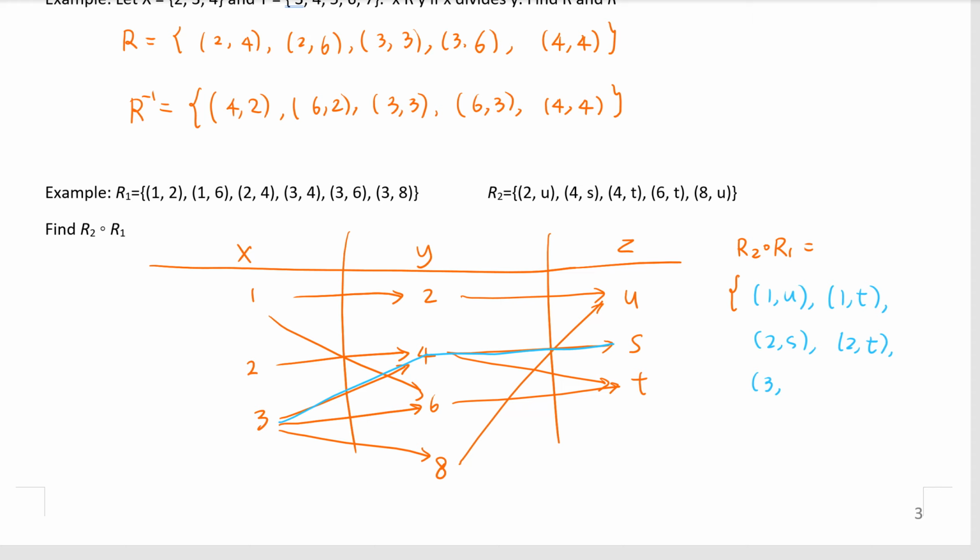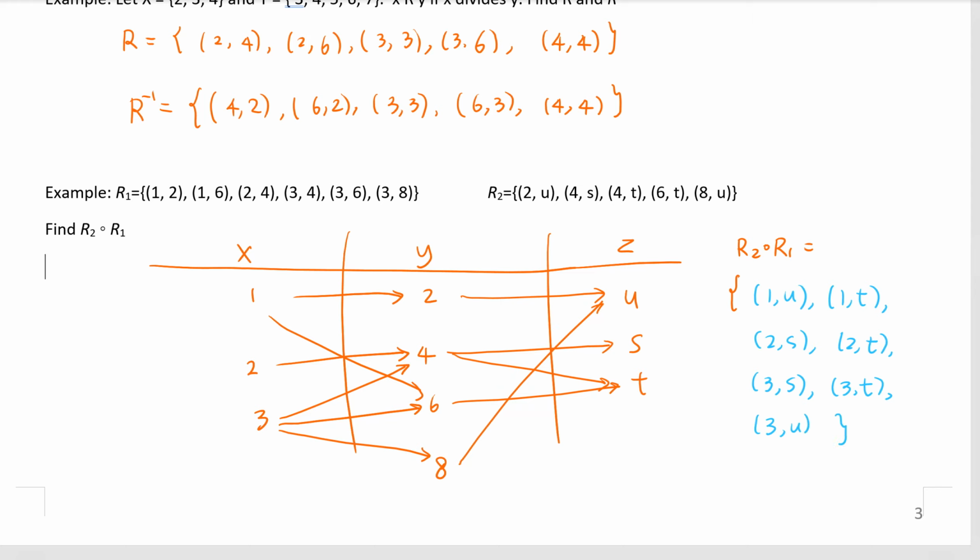So we have (3, S). 3 can go to 4, 4 can go to T. So this is (3, T). 3 can go to 6, 6 can go to T. This is still (3, T). Even though it's a different path, the relation is still (3, T). 3 can go to 8, 8 can go to U. So that's (3, U).